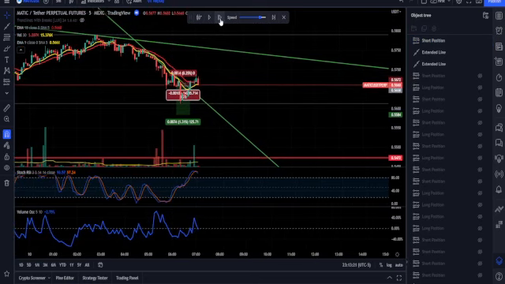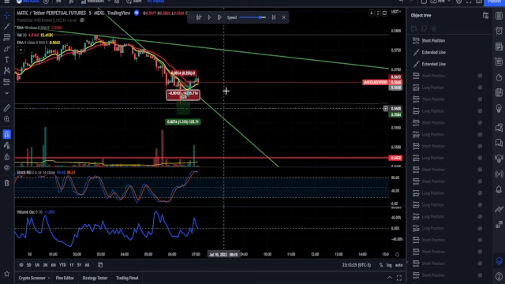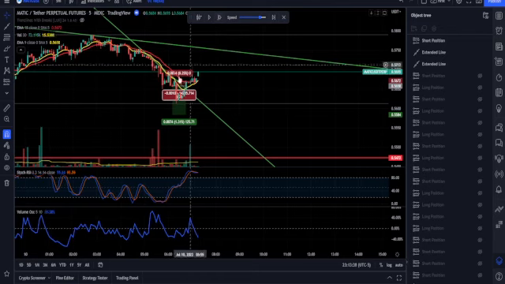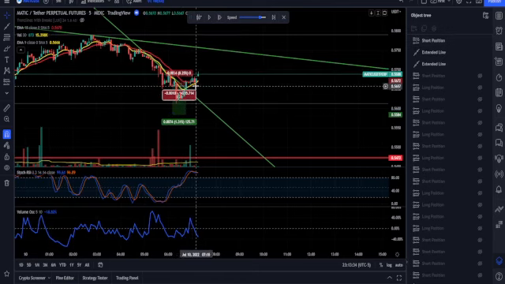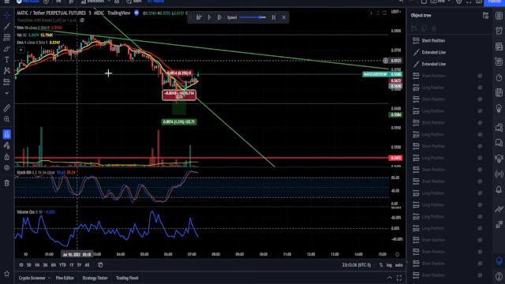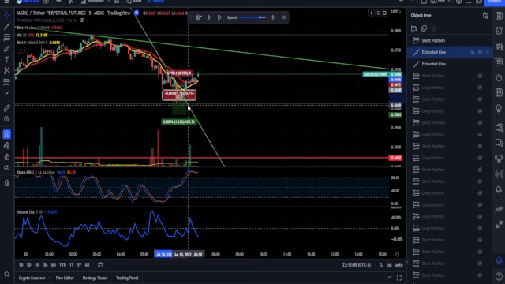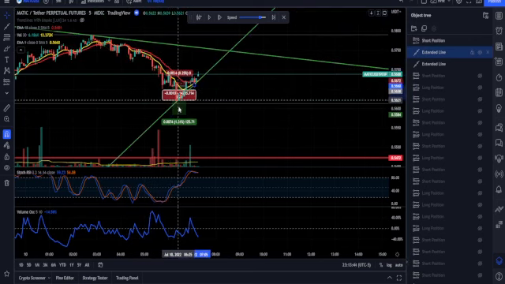Alright, now I can start to see a trend line forming. So I'm going to continue. Alright, now we've gone up and we rejected. So from this point, I am going to redraw my trend line.